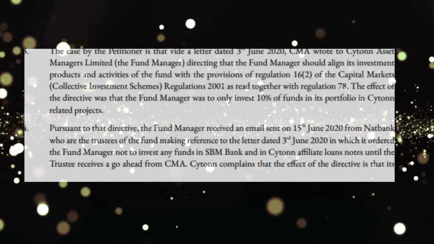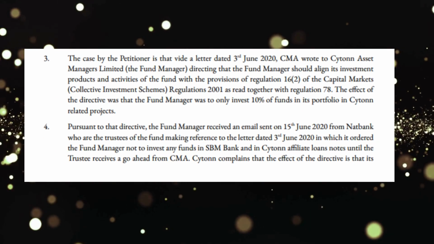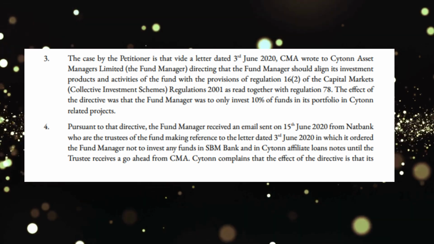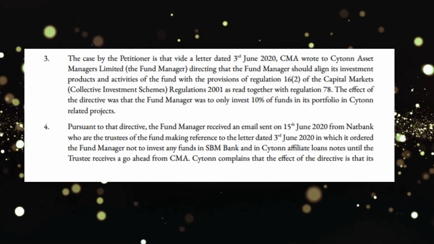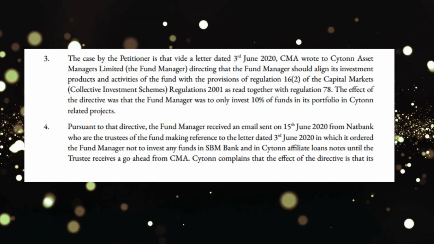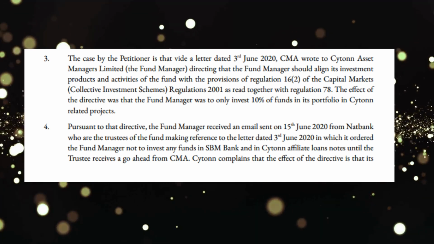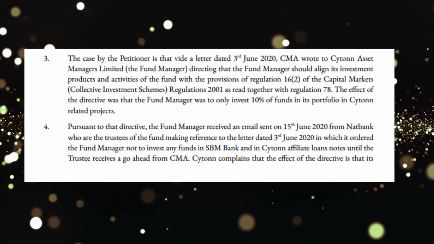So according to this petition, CMA had issued a letter on 3rd of June 2020 to Cytonn Asset Managers Limited, directing that the fund manager should align its investment products and activities of the fund with the provision of regulation of the CMA Collective Investment Scheme.